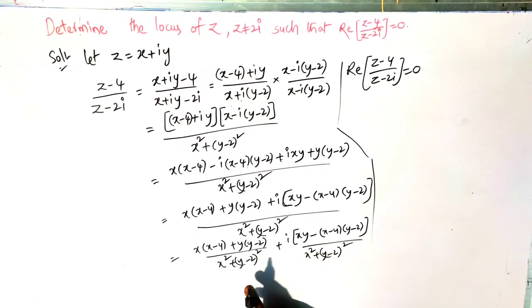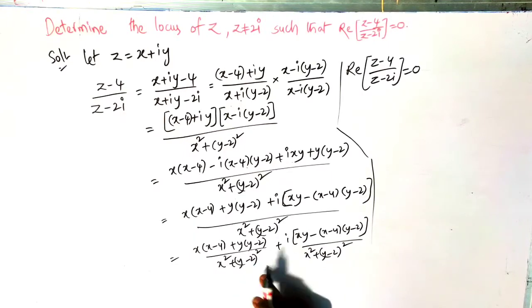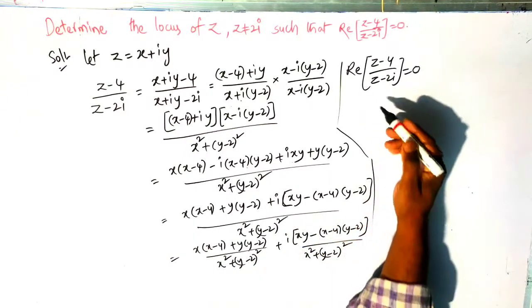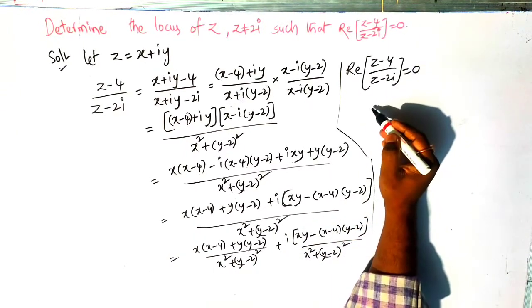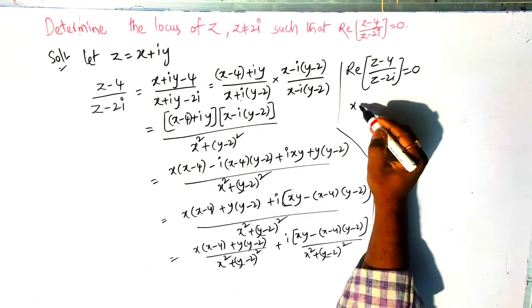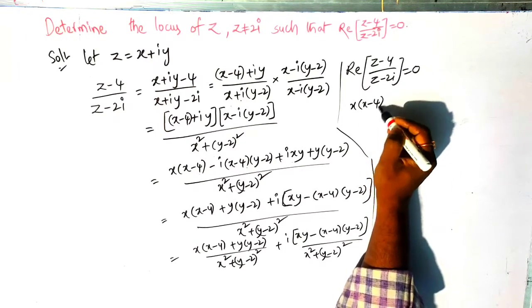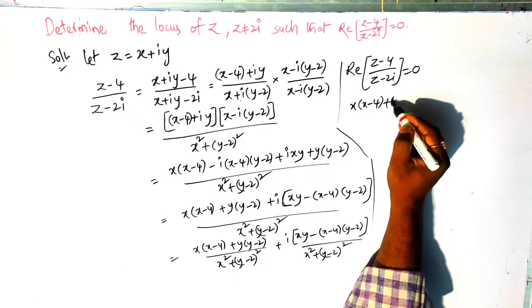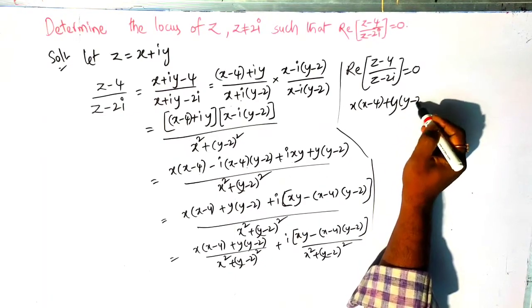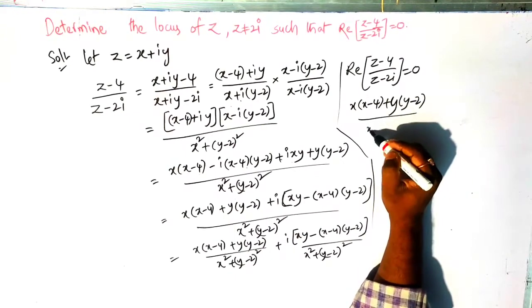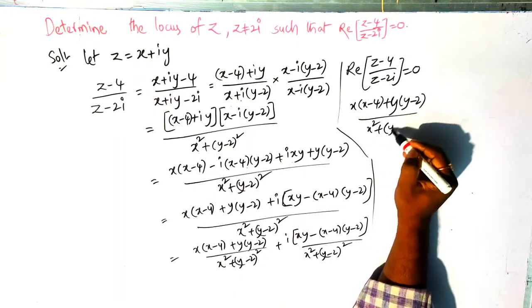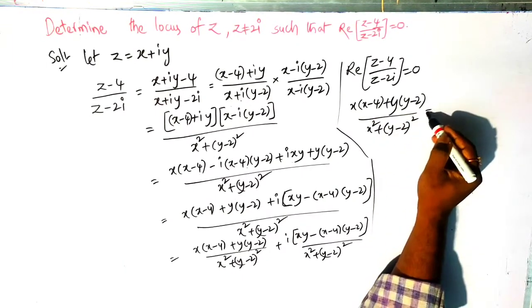Now the real part of z minus 4 by z minus 2i is equal to 0. That means x of x minus 4 plus y of y minus 2 divided by x square plus (y minus 2) whole square equals 0.